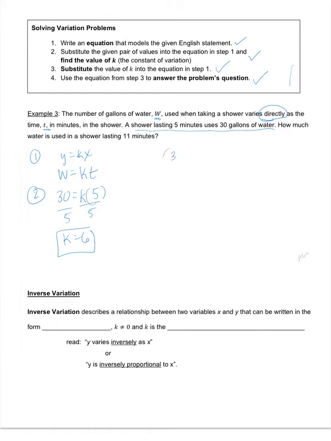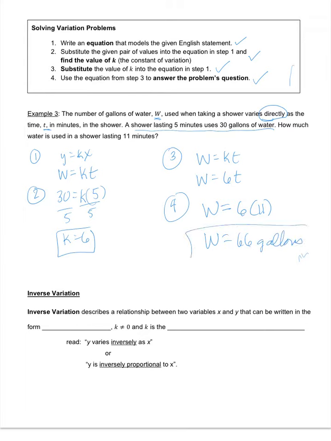Now, what is the function once I substitute in the constant of variation that we just found? W equals 6t. Next, I'm going to solve the problem. How much water is used when we take a shower that lasts 11 minutes? Well, we're going to use 66 gallons.